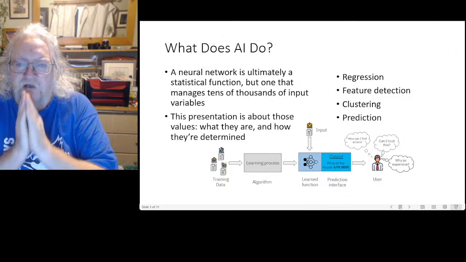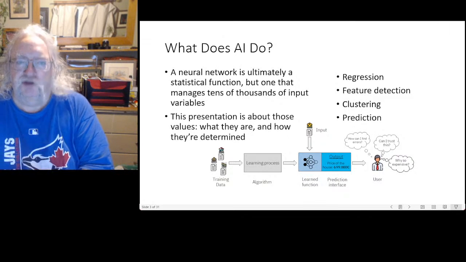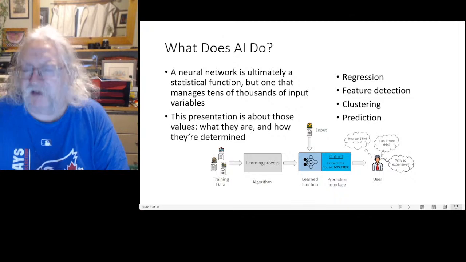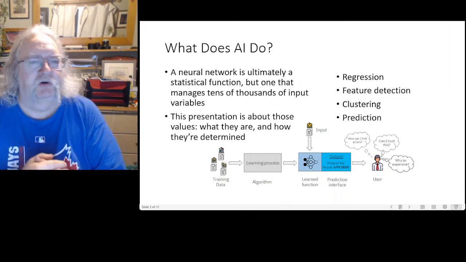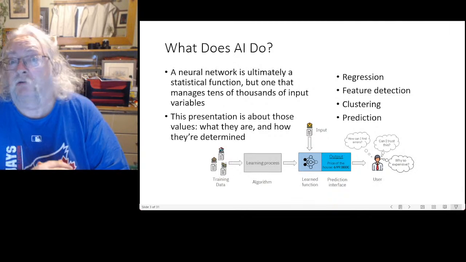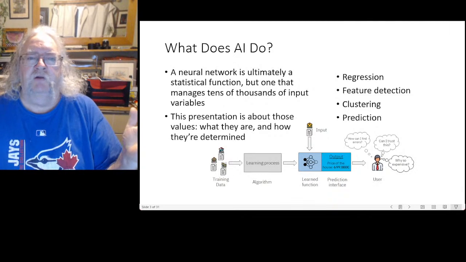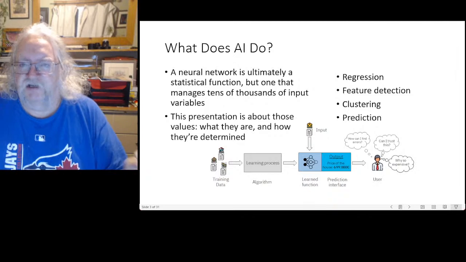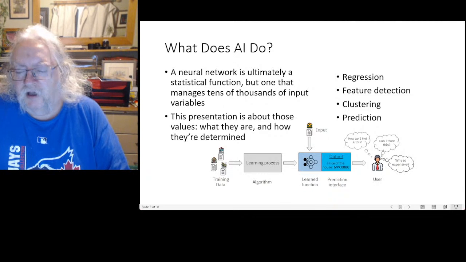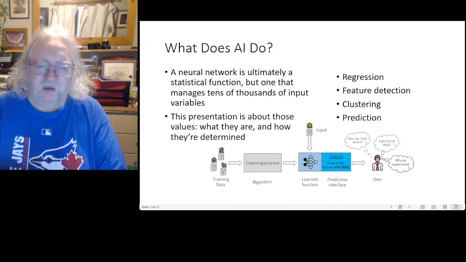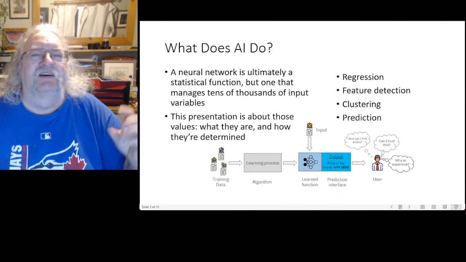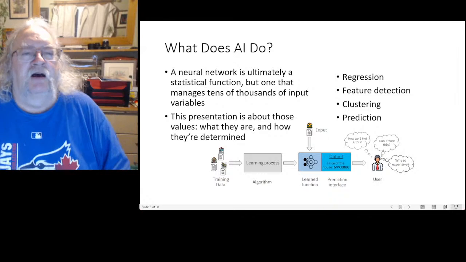Okay, what does artificial intelligence do? And by implication, what do analytics engines or even learning analytics do? Well, ultimately, they're nothing more than a statistical function. But what makes them different is they're big, whacking statistical functions.